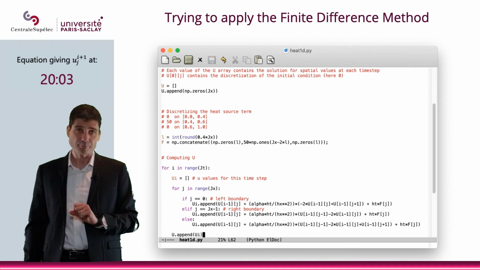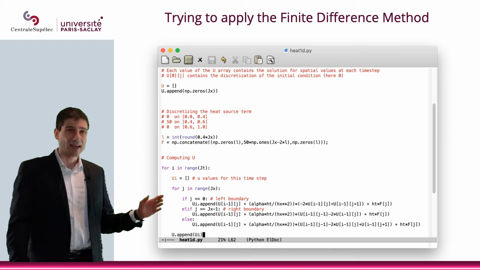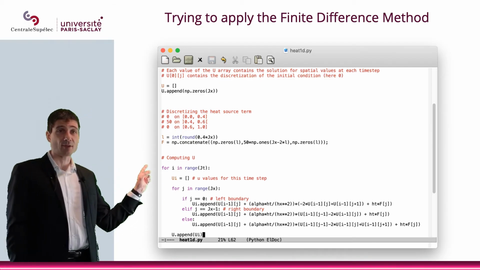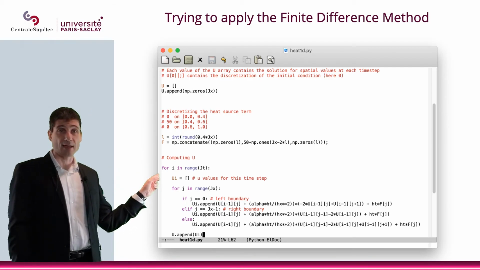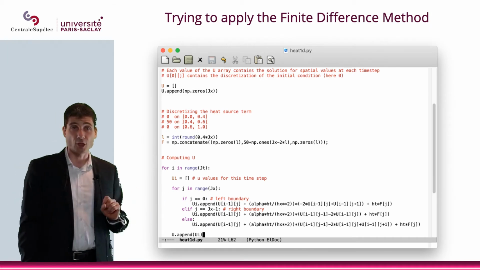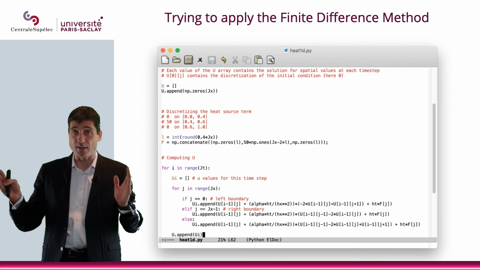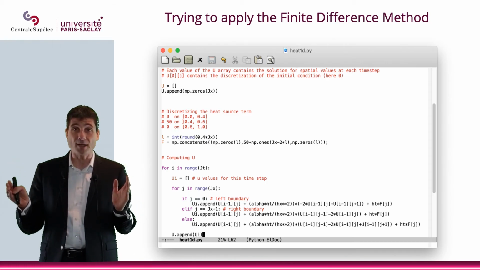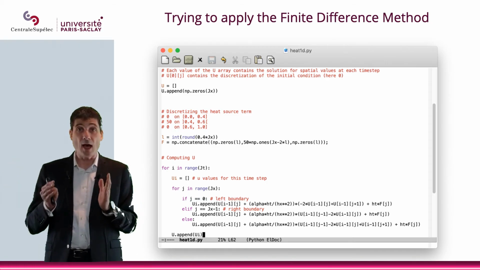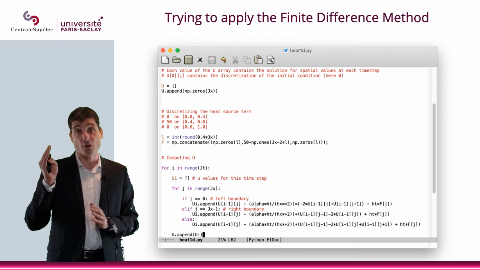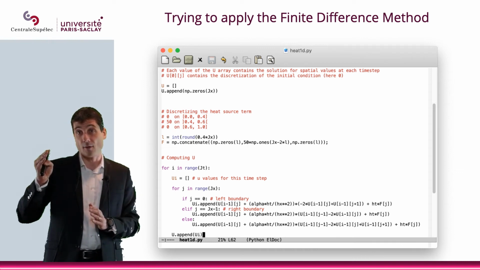So now you're back, and we have what happens if j is equal to 0 and if j is equal to jx plus 1. Well, this is what happens at the boundary. So what do we have at the boundary? Well, we know the value of u on the boundary, right?